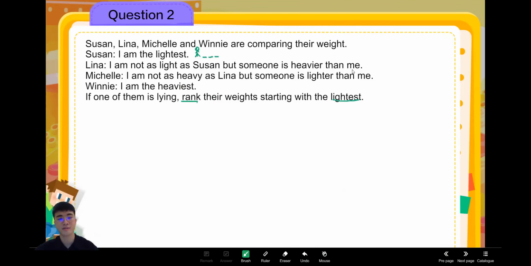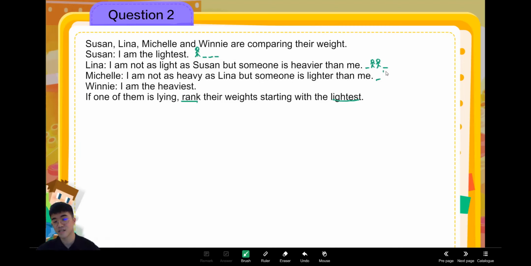So for Lina, Lina says, I'm not as light as Susan, but someone is heavier than me. It means what? She could be here or here, because no matter what, she's not the heaviest and she's not the lightest. For Michelle, I'm not as heavy as Lina, but someone is lighter than me.